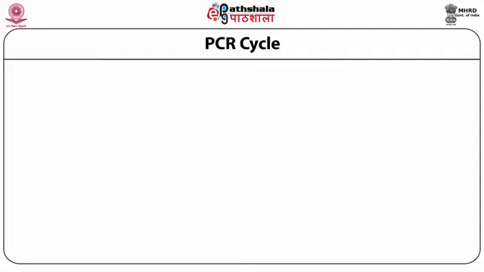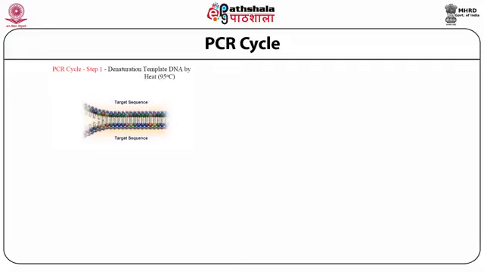So let's discuss the PCR cycle in brief. First step is denaturation. What does it mean? The target sequence is first denatured at higher temperature, so the double-stranded DNA is separating and becoming single-stranded DNA.